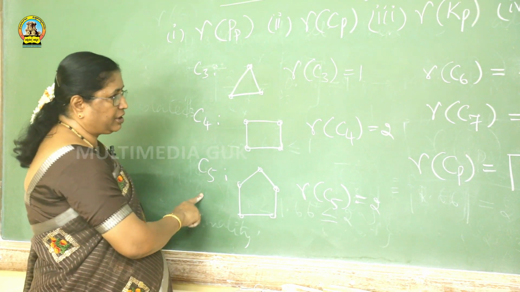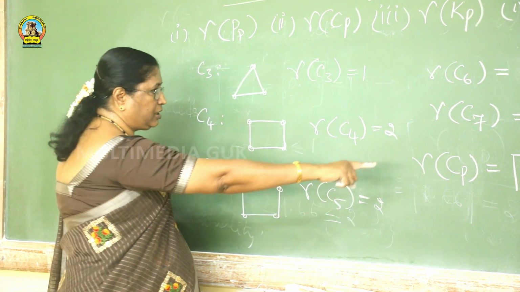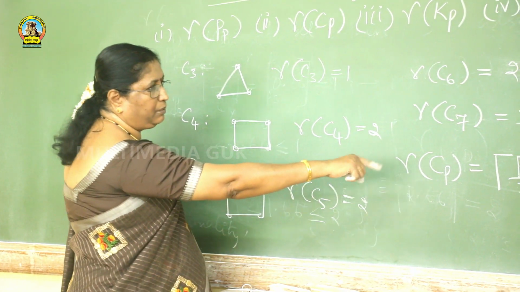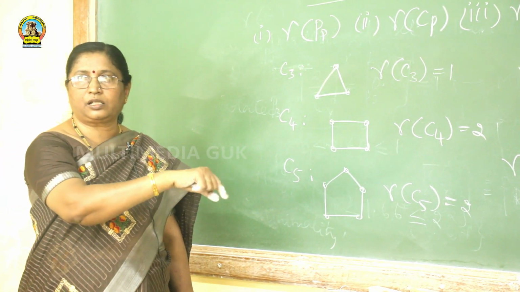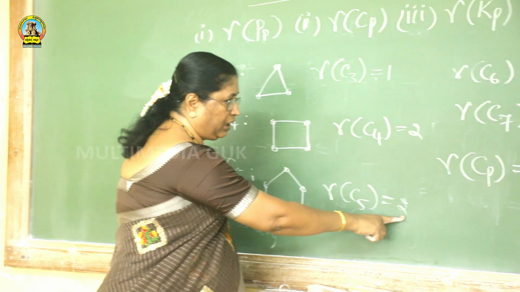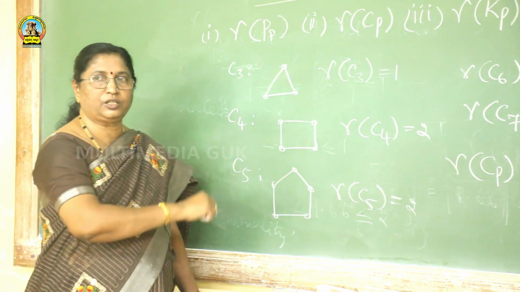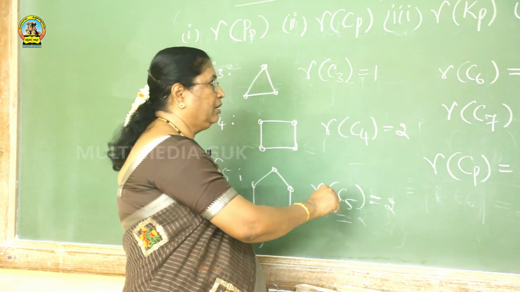Now check for C5. 5 by 3 comes out as 1.66 recurring, and its higher integer is 2. Therefore the domination number is 2. For the smaller cycles we can easily find the domination number.